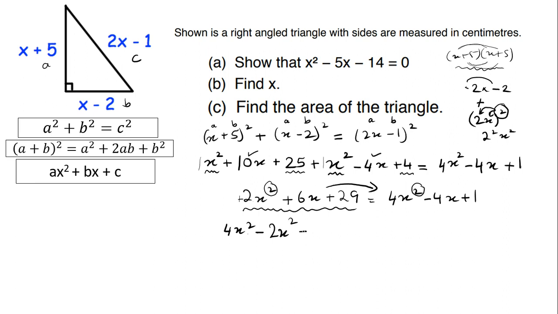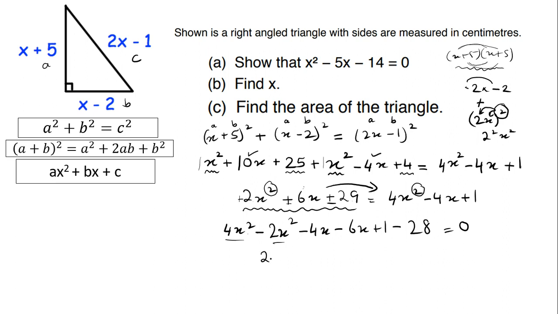Then I have minus 4x there, so I'm just going to drop it down the way it is. And then this 6x goes to the other side, turns into negative, because there's a positive here. So negative 4x, negative 6x. Now plus 1 again just comes the way it is. And then 29 goes to the other side, turns into negative. So I have negative 28, and everything is going to be equal to 0 now because nothing is on the other side. Now I've got to solve the like terms.